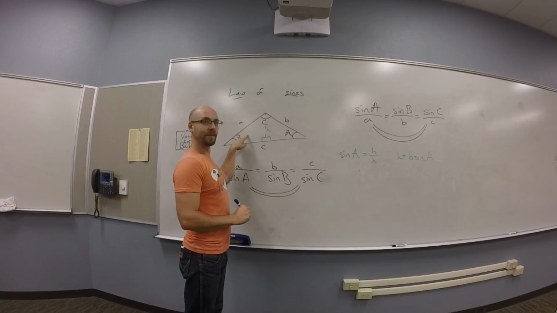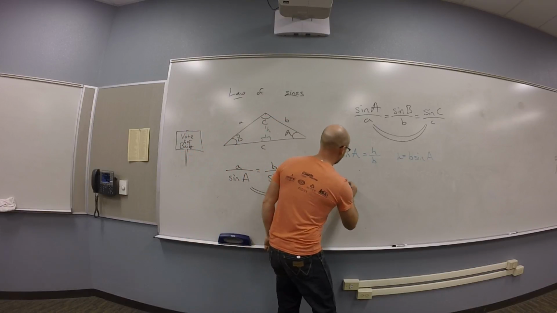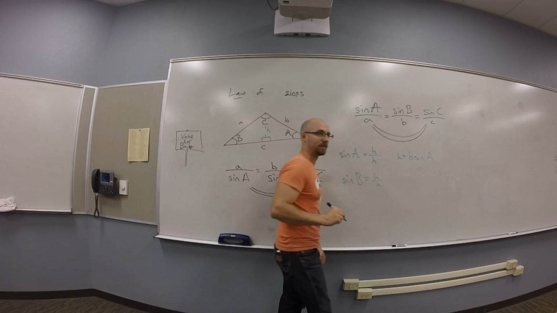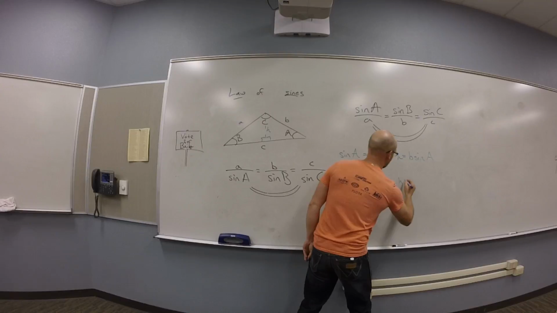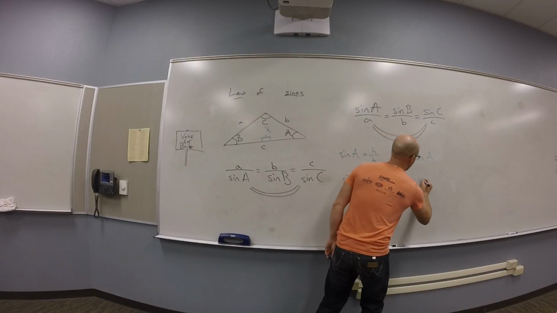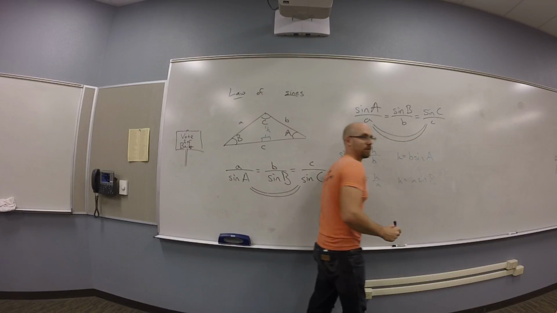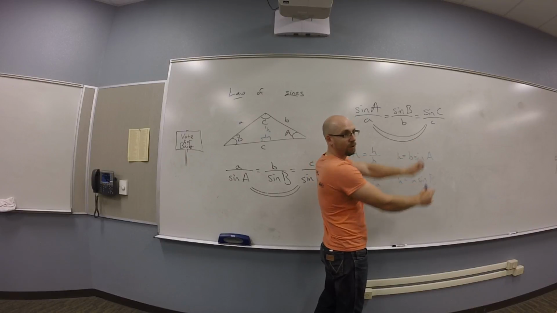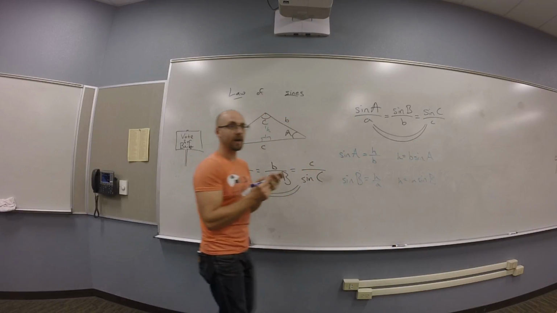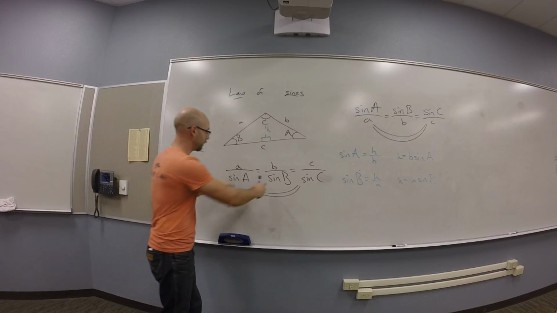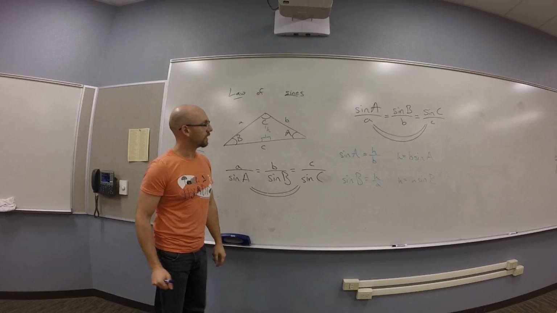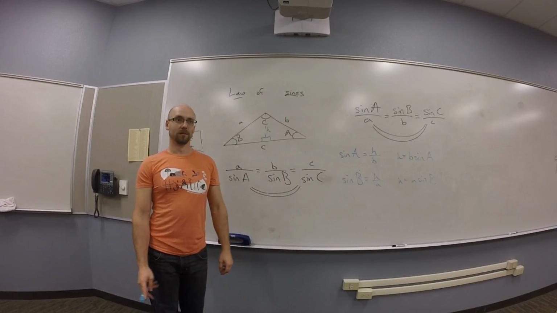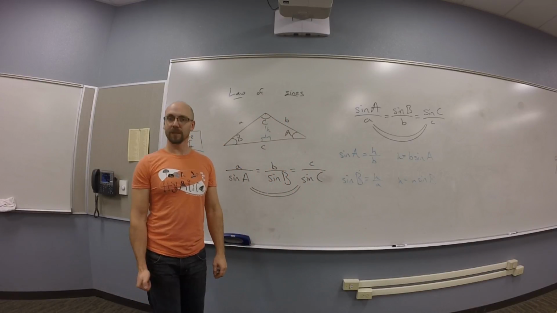On this side, sine of B is h over A, so h is also A sine B. But h is still h. So divide both sides by B over A, and you'll get to this part. If you accept that, you guys follow that? Okay, check that.